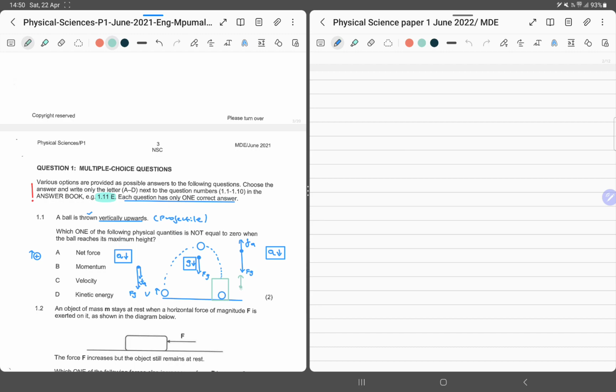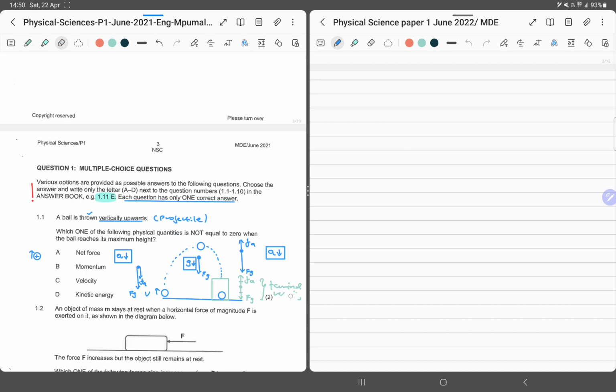So there is a point during that motion where the gravitational force is going to be equal to air friction. Okay? And then it reaches what is called terminal velocity.